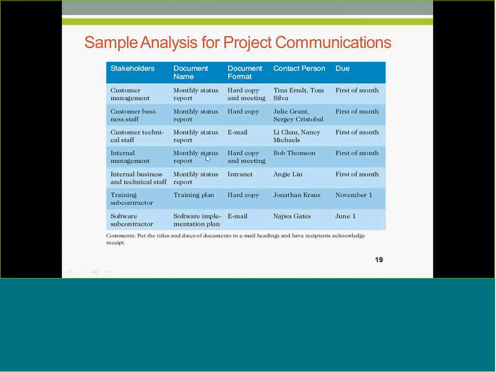As we're seeing here, the monthly status report, for example, does not go to the training subcontractor, right? And the plan does not go out to the business staff because there is no need for that. The software implementation plan goes to the software subcontractor, but that detailed information is really not needed at the customer business staff level, right?